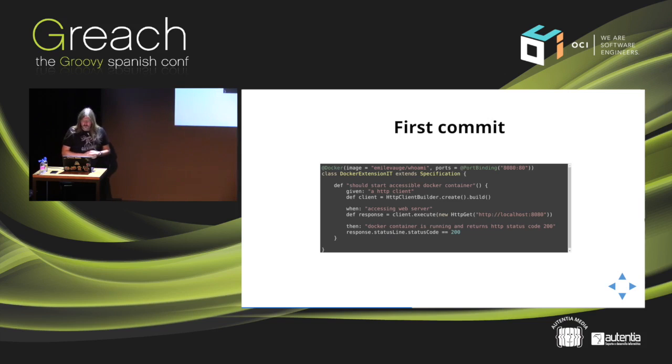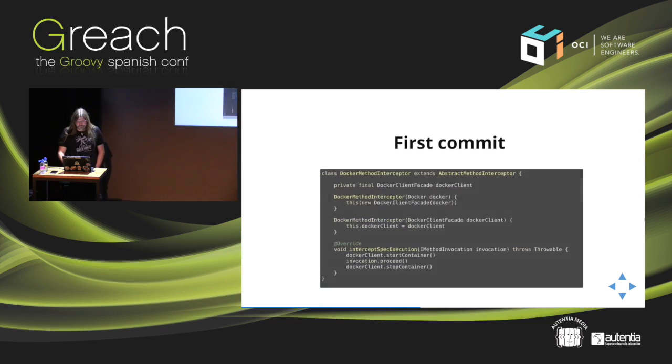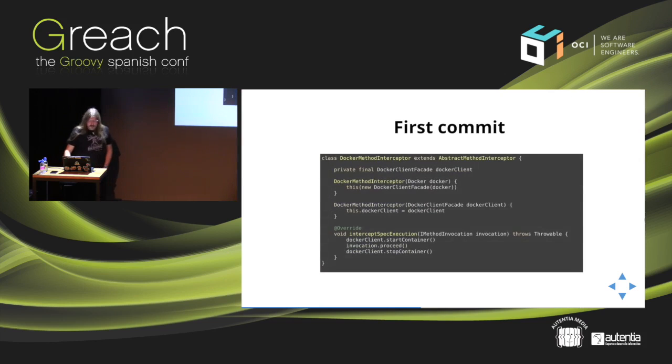That's basically what the first commit looked like, and it did work. It did basically do the job for what I wanted to achieve in this place. That's the implementation of this Spocker extension, basically. So all it's doing is starting the container before the specification starts, and then stopping the container afterwards.